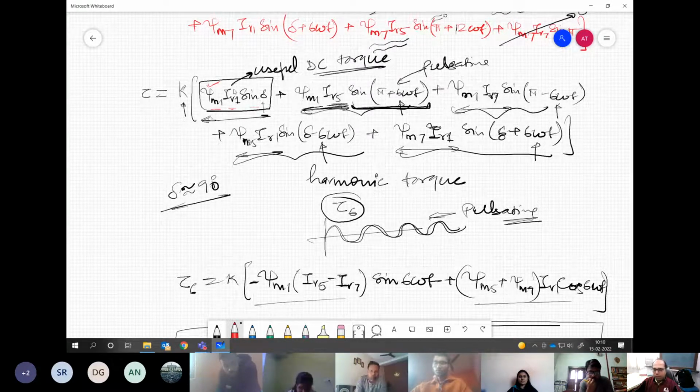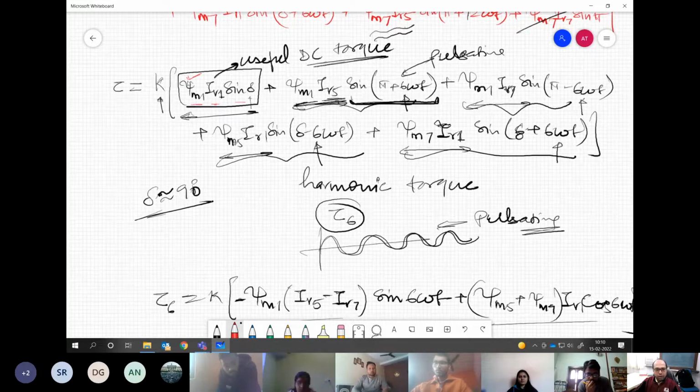It's not about the sinusoidal component I'm talking about; it's the magnitude. So this is an RMS value, and this is also an RMS value, so this is all going to be a constant number. And then sine delta, where delta is also an angle which is dependent on load, and in most cases is very, very close to 90 degrees. So in all such conditions, this is like a DC torque.